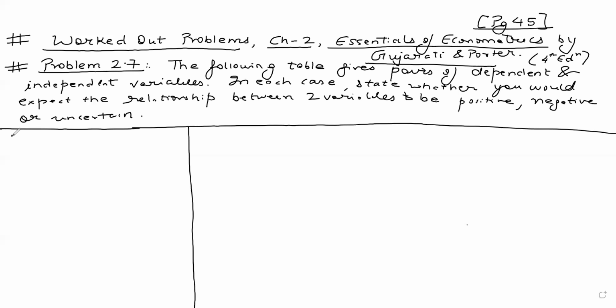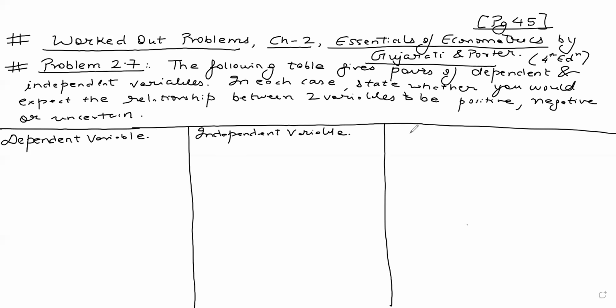So we are given the dependent variable here, the independent variable here, and the relationship between the two, I am going to write here. What relationship would we expect? Should it be positive, negative, or uncertain? Dependent variable we always denote by y, independent variable by x, and the relationship between y and x.